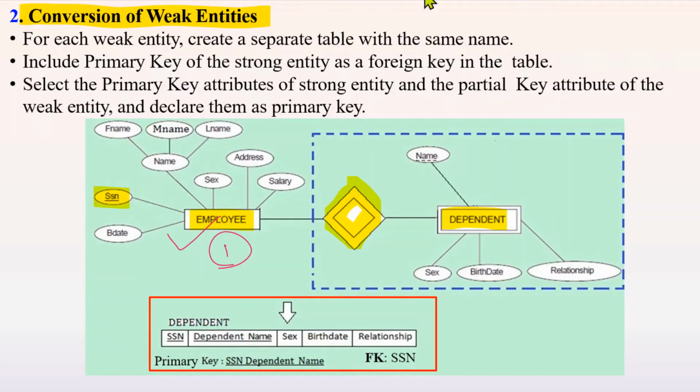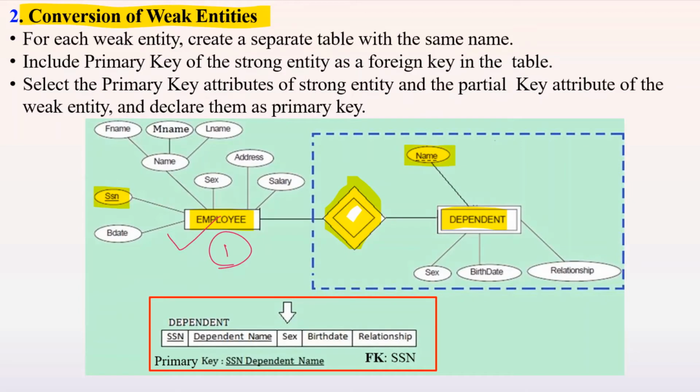Here name is a partial key, because we take name as identifying a dependent. But names are not necessarily unique, so we need the primary key of a strong entity to identify each dependent.